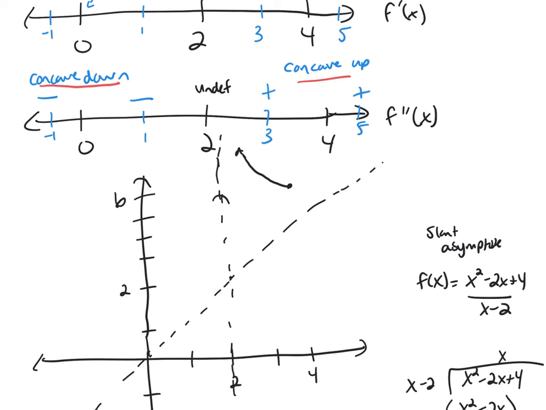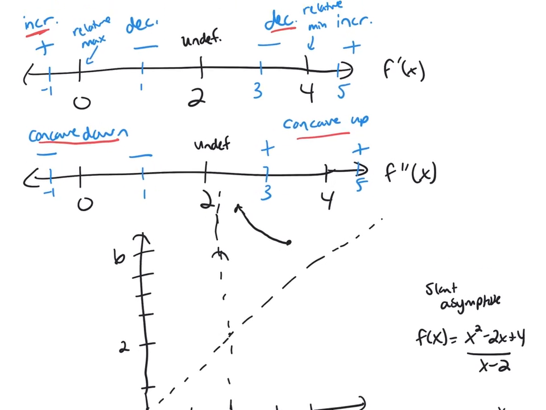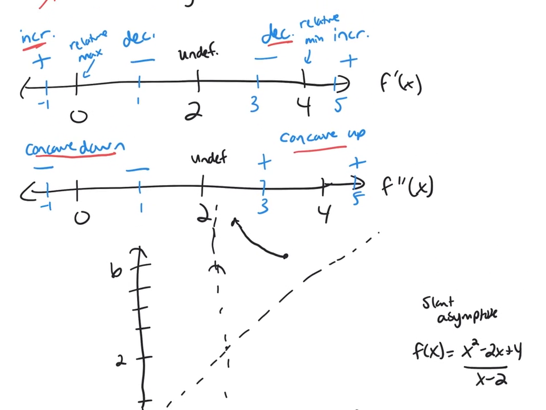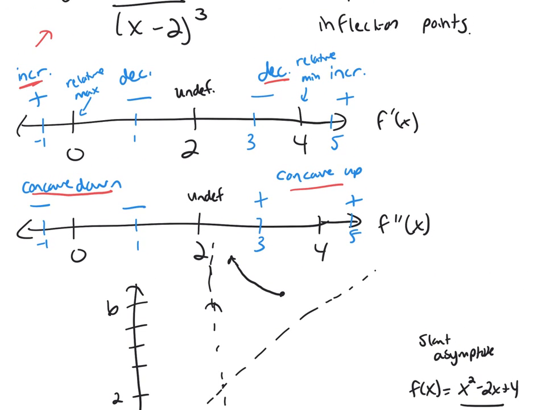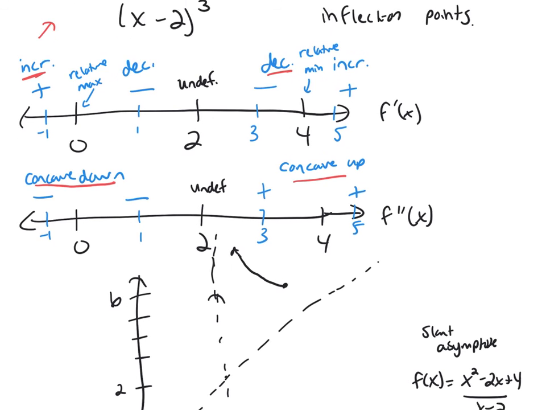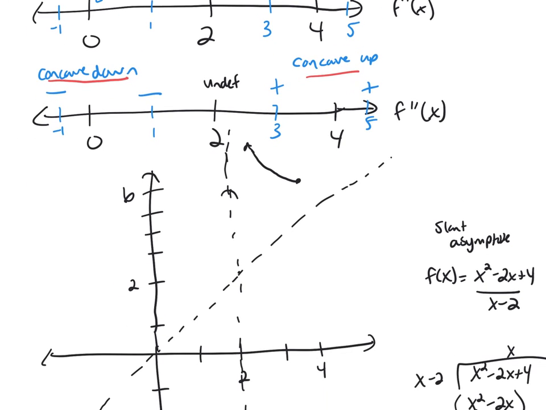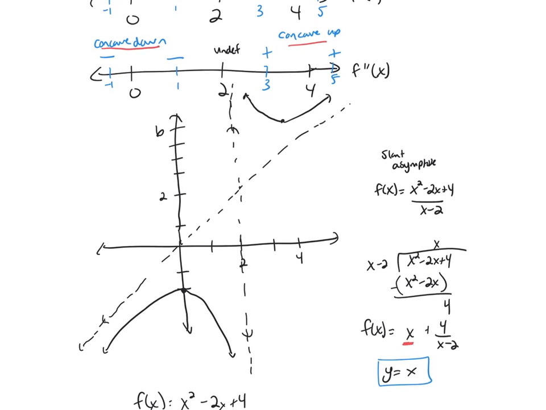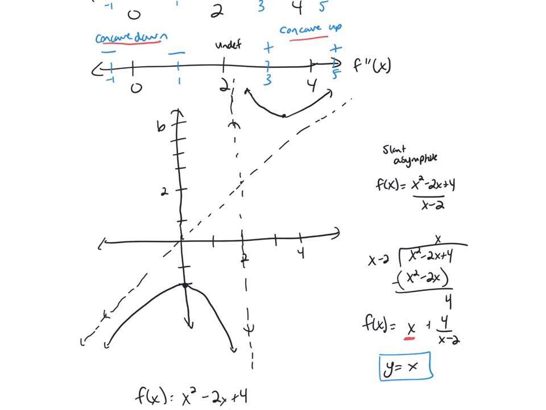And then after 4, my function is going to be increasing, but concave up still, so it'll look like that. Okay, so if I zoom back out, you can kind of see this is a rough sketch of what the graph would look like for this function.